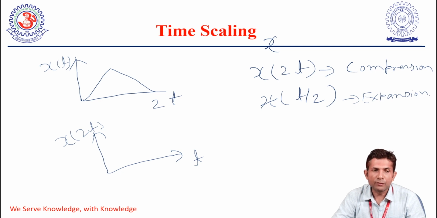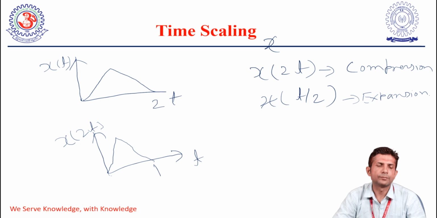It means we will divide the time axis by 2. So 2 will be divided by 2, it will be 1 only. So we can plot this signal like this. Previously it was 2, now it will be 1. So this is all about time scaling, and this particular operation x of 2t is a compression.